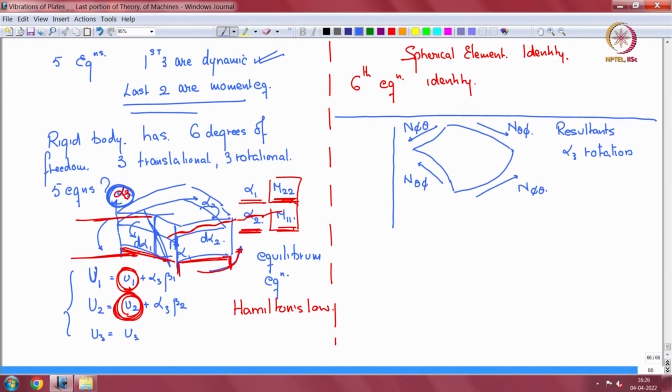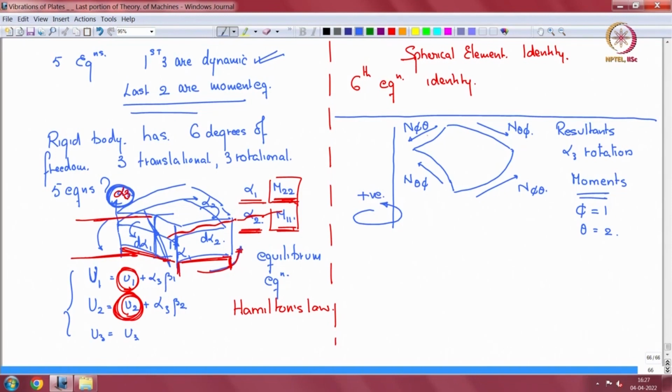Additionally, there are moments, we will account for that, twisting moments. The diagram gets clustered, so I am first dealing with just these. Okay. So phi is my first coordinate, theta is my second coordinate. And let me say that this rotation I will consider as positive.